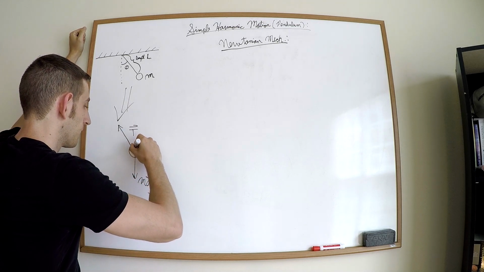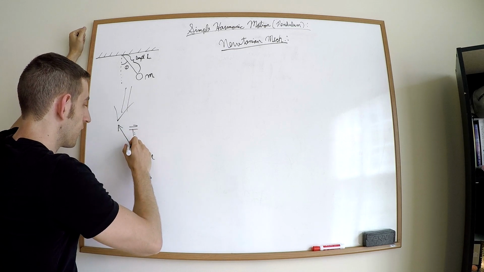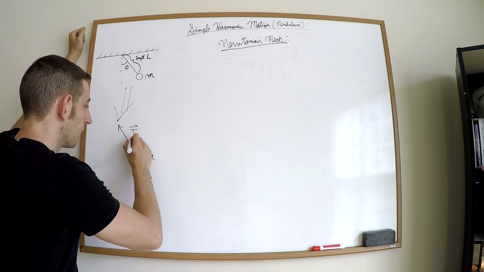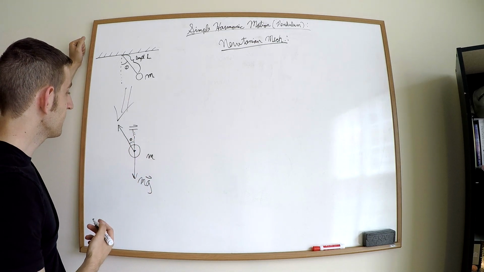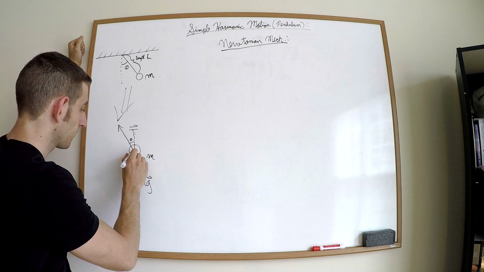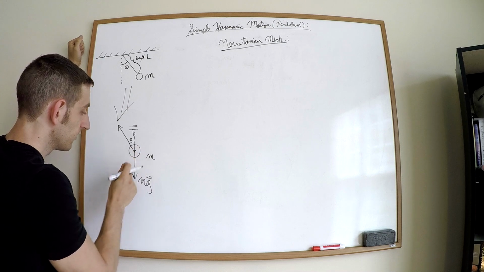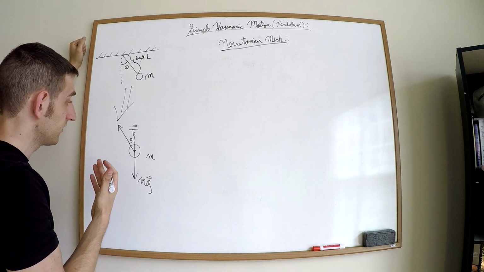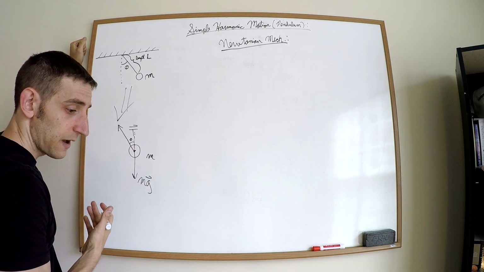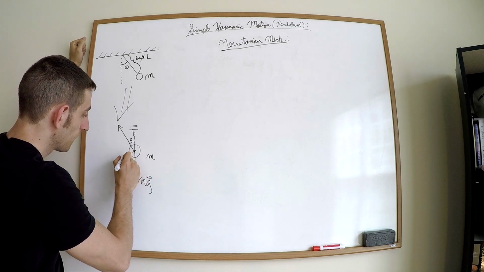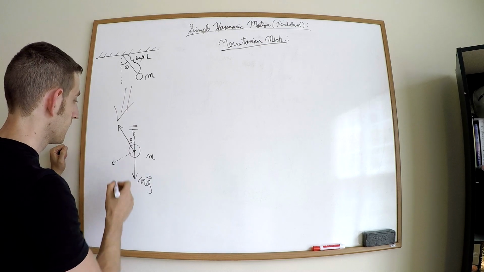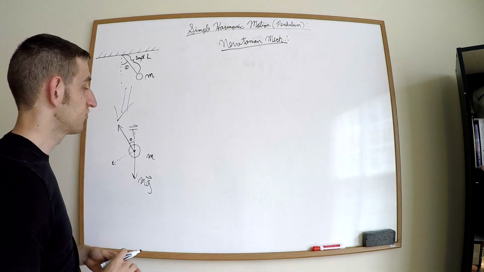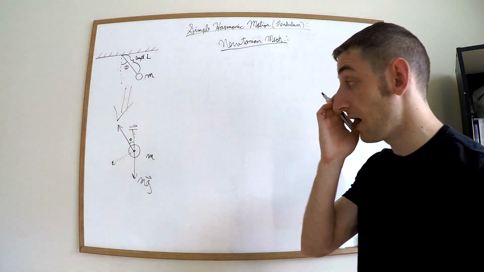So from geometry, we know this is also theta. And we could take this and break it down in terms of x and y components. We could get a force like that. We're going to talk about that shortly. So, we've got a free body diagram.